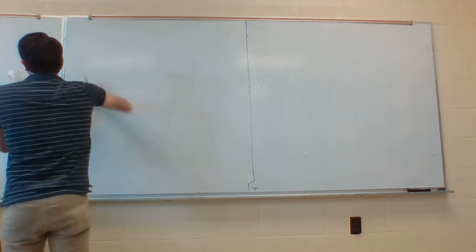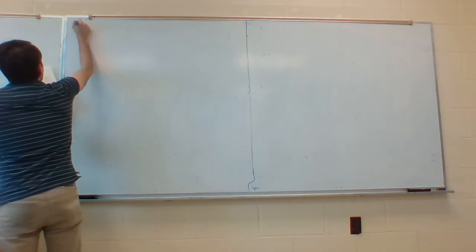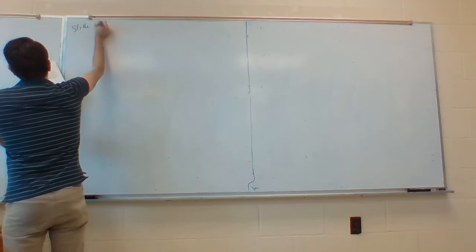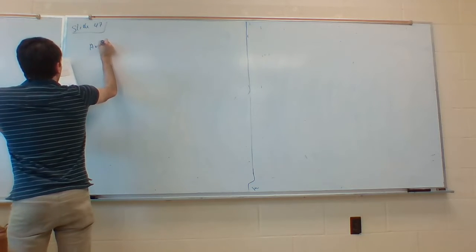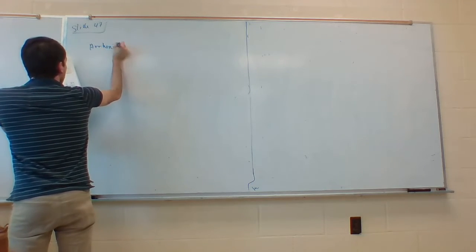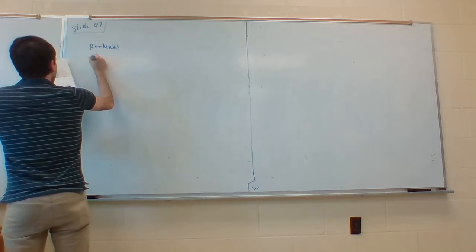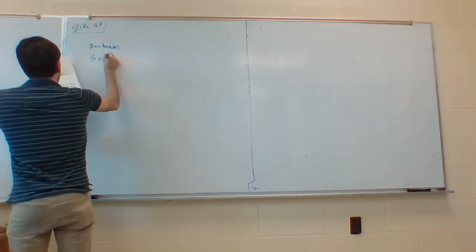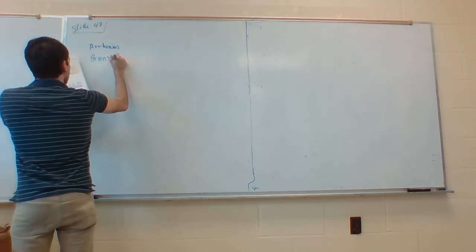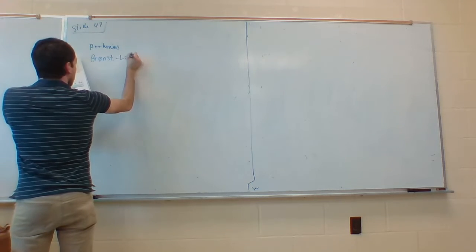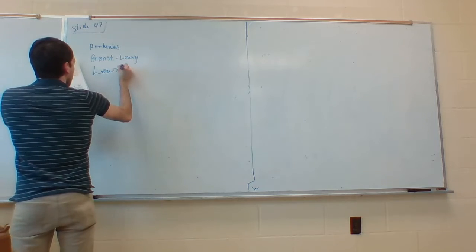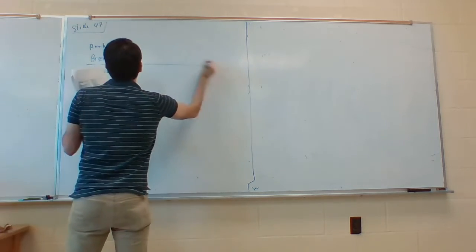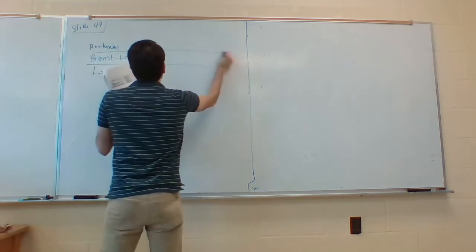You guys can see the table on slide 47. We have Arrhenius, we have Bronsted-Lowry, and now we're going to introduce a new type called Lewis acids and bases.